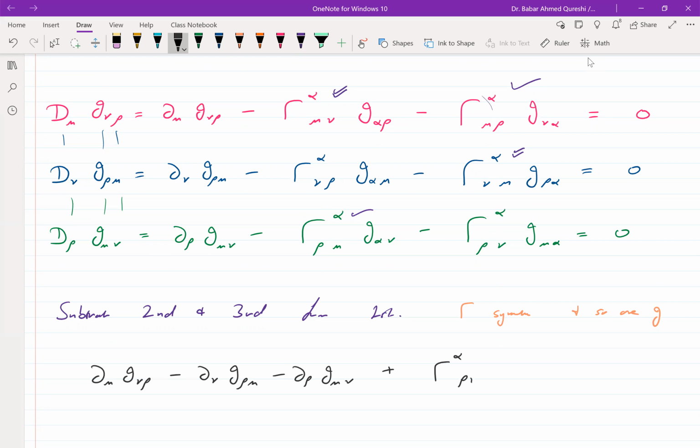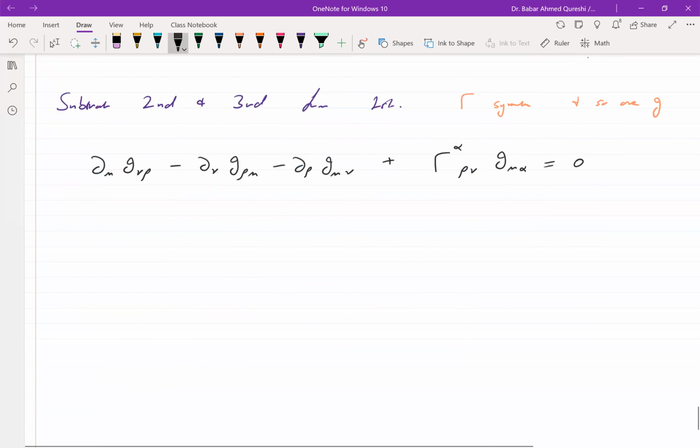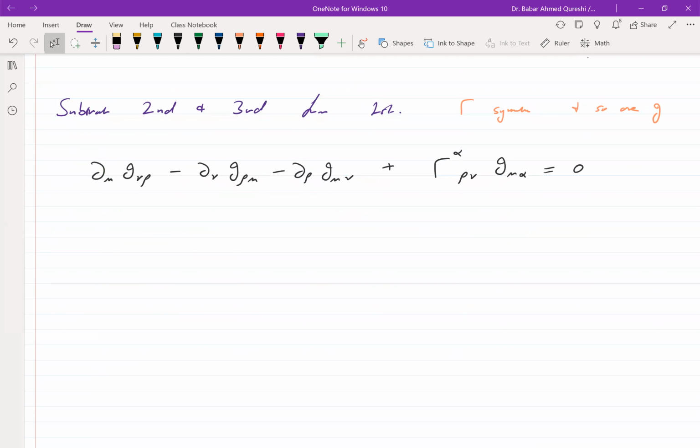Let me write it: rho nu g mu alpha is 0. So that means now I can separate out this guy. This is 2 times. There were 2. I can separate this guy out by multiplying with an inverse metric. And I will have a formula for these coefficients, which are metric compatible, because that's the condition I used, and which are torsion free, in terms of g's.